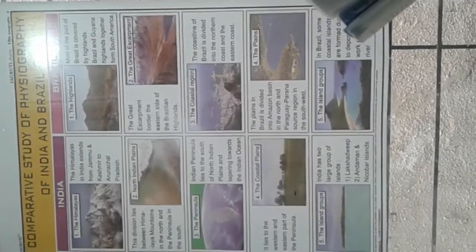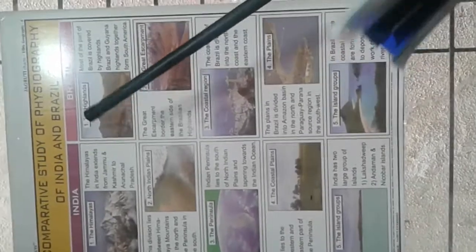I have specially brought a chart for you to understand the 5 major geographic divisions of India. Okay, so please pay attention, look at this chart. The first one is the Himalayas.